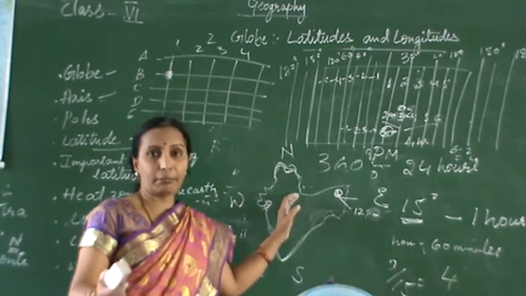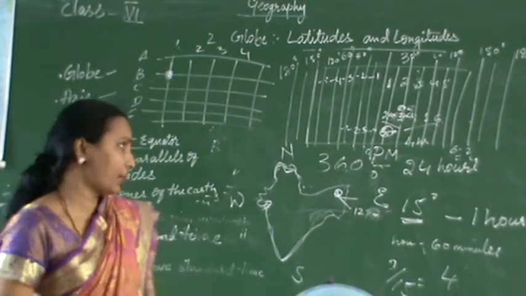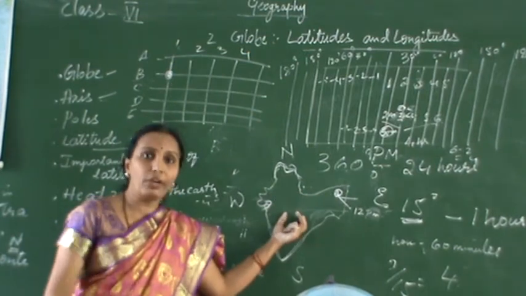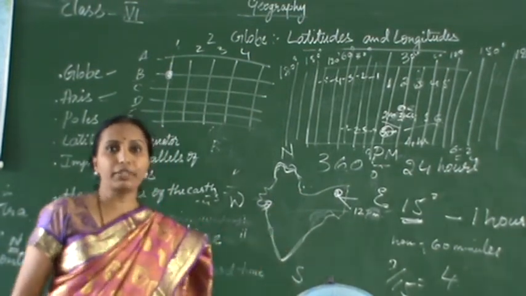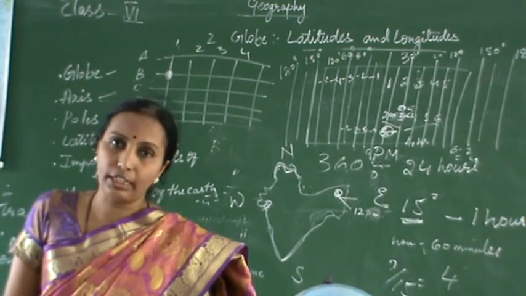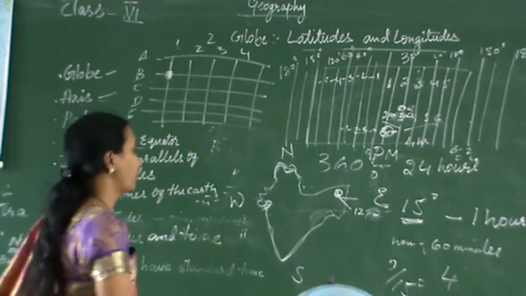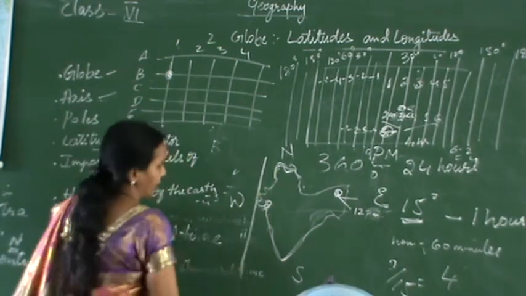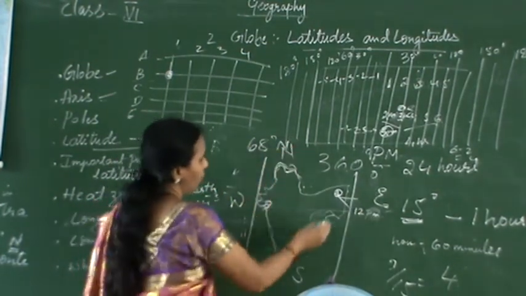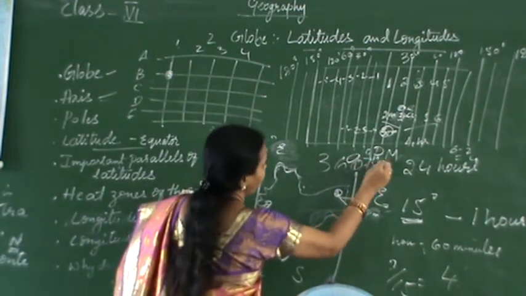I'll give some more examples. Take trains. Trains have to pass from one place to another, and they have timings. To avoid this confusion, they have taken one standard time, called the local time, to maintain one standard time. As we talk about India, the longitudes are 68 degrees east and 97 degrees east.